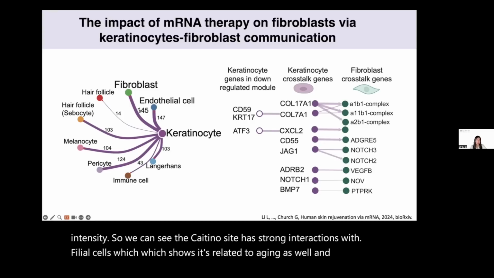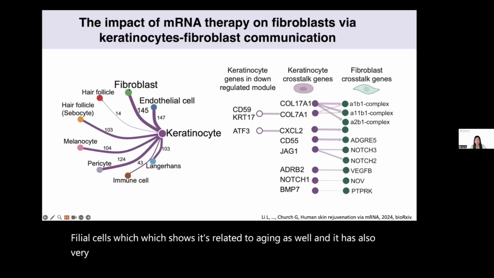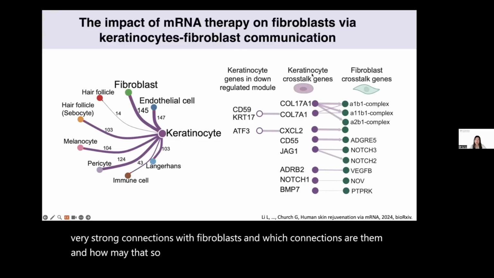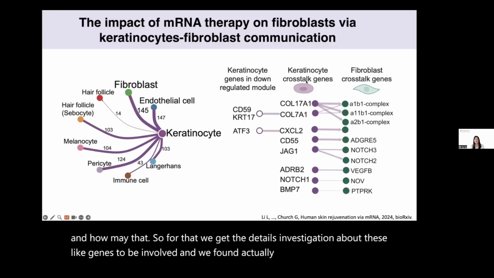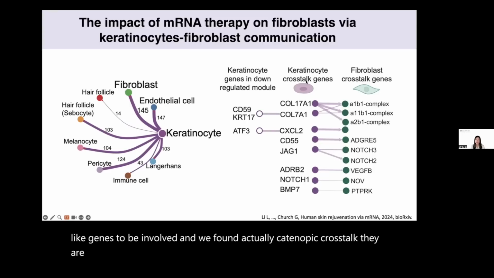And it has also very strong connections with fibroblast. And which connections are they and how is that made? So for that, we gathered details, investigation about these genes to be involved. And we found actually keratinocyte crosstalk, they are a bulk of genes, including collagen 17A1, collagen 7A1, and other genes.